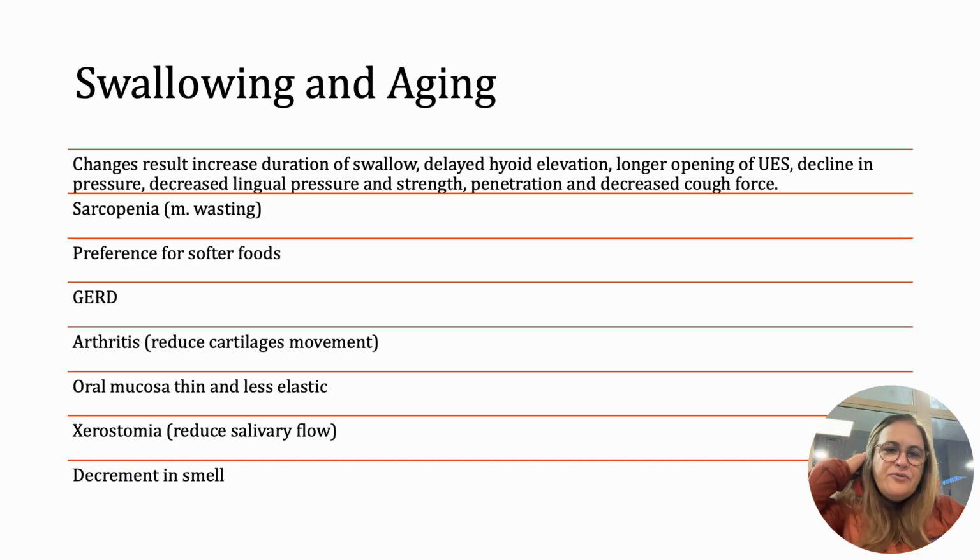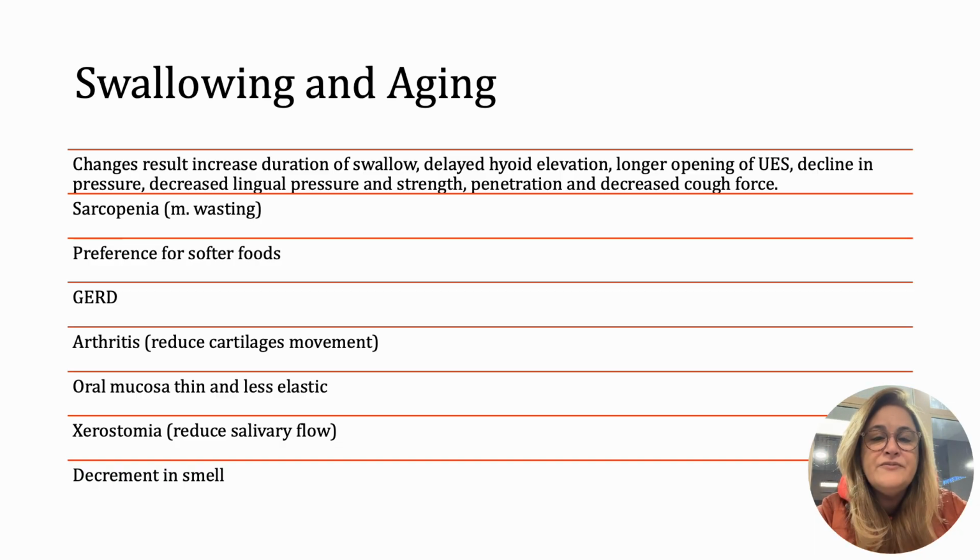Okay, now that we've thought about the phases and how we swallow and how interconnected this is, what changes may happen that will stop one of those phases from happening correctly or interrupt those swallowing stages? One of the things that we know is normal and very appropriate is aging. Aging is happening to you every single day, and it's no different for our geriatric population.